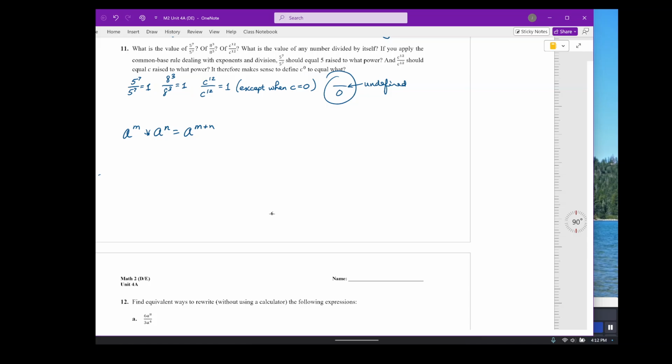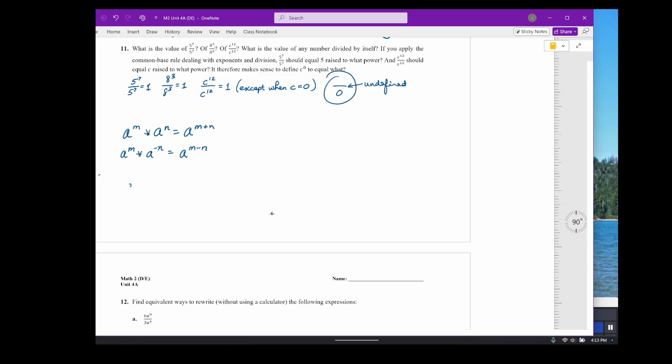Yeah, number 5 says this rule. It's called the common base principle for multiplication. You might think of it also as if I replace this with a negative n, then this becomes a minus n up here. So a to the m times a to the negative n equals a to the m minus n.